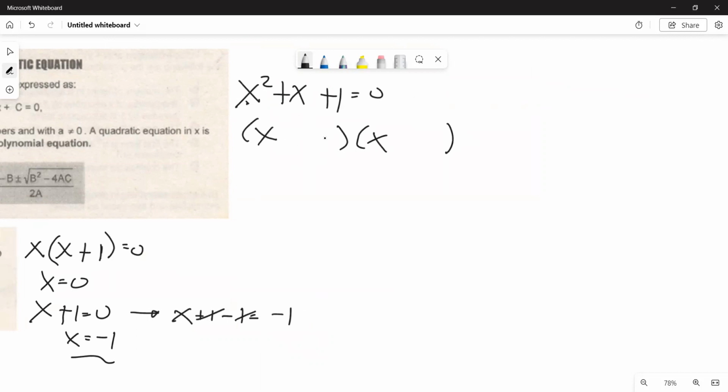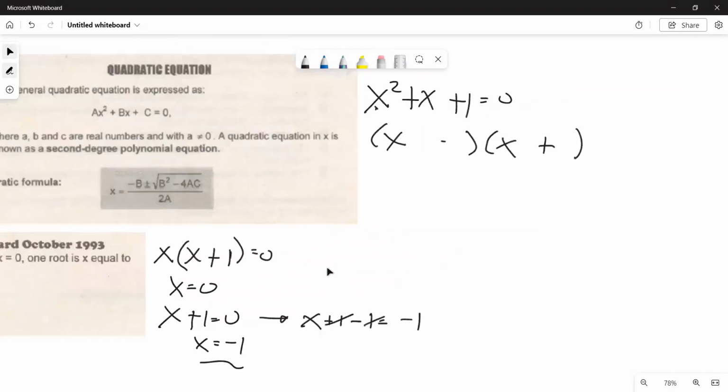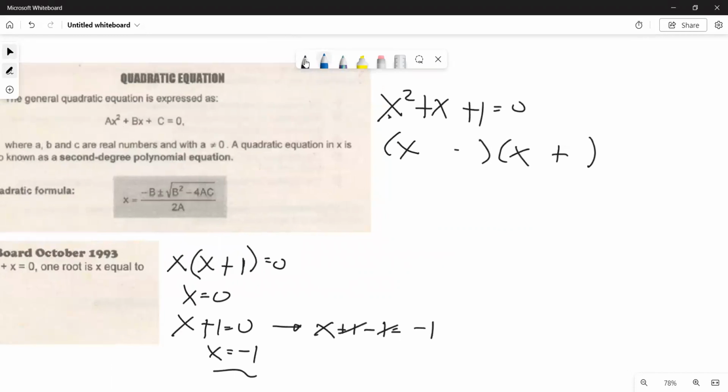The factors of 1 are plus 1 and plus 1, but this would give you a middle term of 2x, so this is not correct. In this case, you don't have a solution using factorization. That's why you use the quadratic formula.